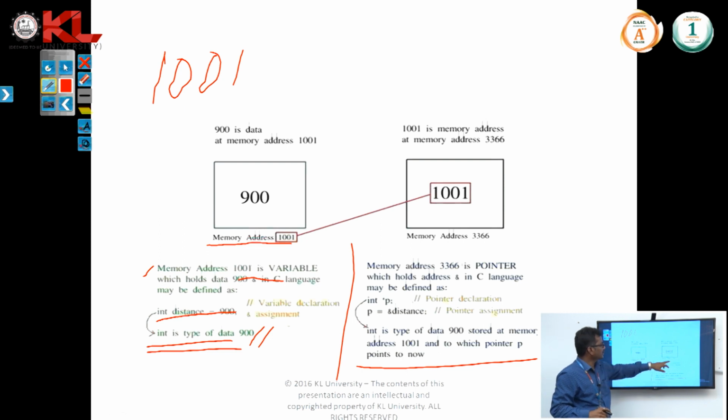The memory address 3366 holds another address, that is 1001. So this is where the pointer concept comes into the picture: a memory address which is pointing to another memory address.